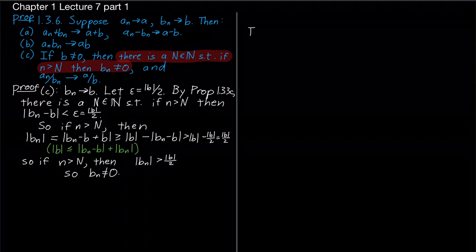So now, let's write that if n is bigger than N, then let's take this thing, 1 over Bn, and subtract off 1 over B. That's a common denominator, B minus Bn, whole thing over B Bn.